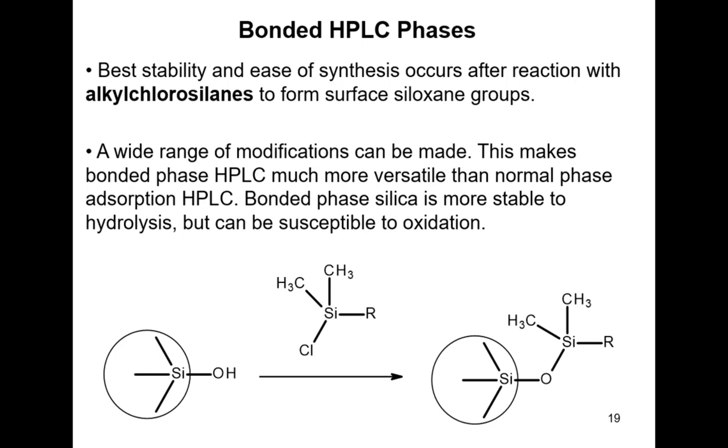It's mostly this kind of reagent where you've got one chlorine atom, 3 alkyl groups, and usually just 2 of those will be the smallest possible alkyl group, the CH3 methyl group, and a variable size group here.